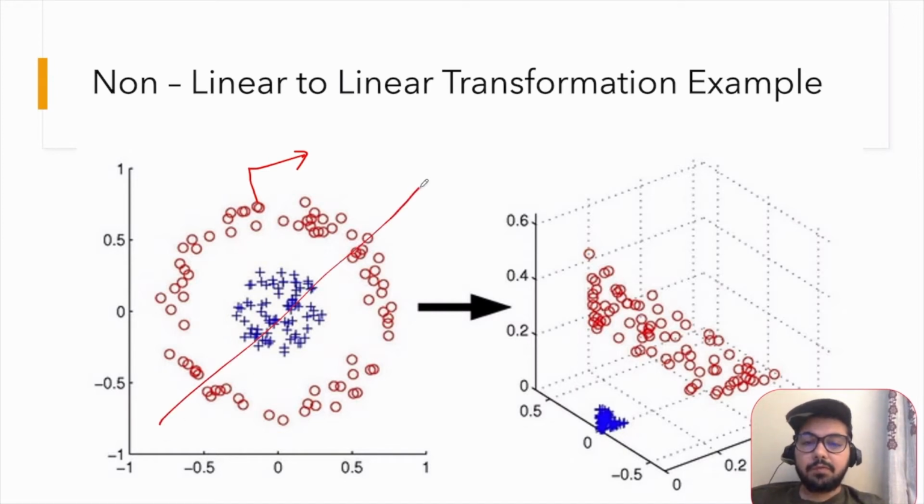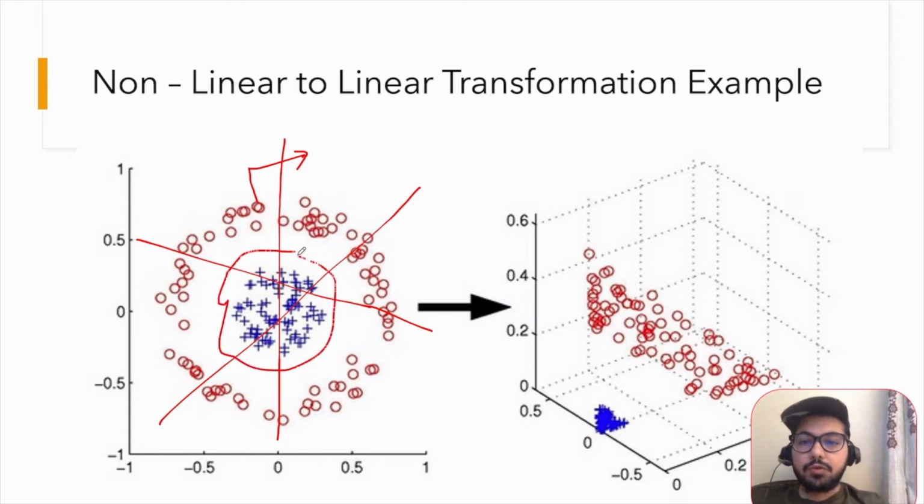It will create a classifier like this, or like this, but either way these classifiers are not able to divide the two points into different classes. The actual classifier which exists is somewhat like a radial classifier, and SVM is not able to process a radial classifier, as SVM is a linear model.